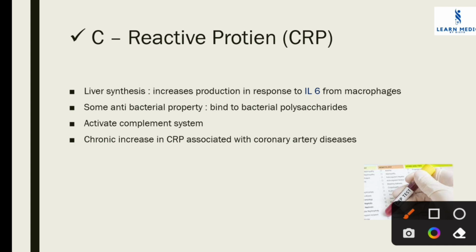As I mentioned, it is produced in the liver. Its production increases due to IL-6 from the macrophages. IL-6 is very important. It has some antibacterial property: it binds to bacterial polysaccharides and activates the complement system of our body's immune system.